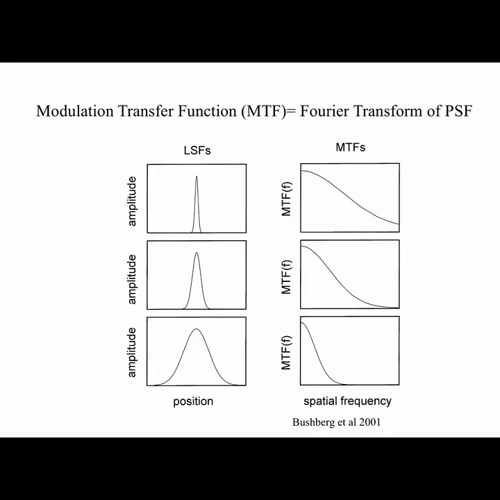And then where that's useful is, I think Professor McVeigh's already talked about the modulation transfer function. So in a point spread function, or in this case the LSF, which stands for line spread function, but they're basically the same, these are basically your impulse responses. Okay? So the modulation transfer function, or just the transfer function, is just the Fourier transform of your point spread function. So you just take the Fourier transform.